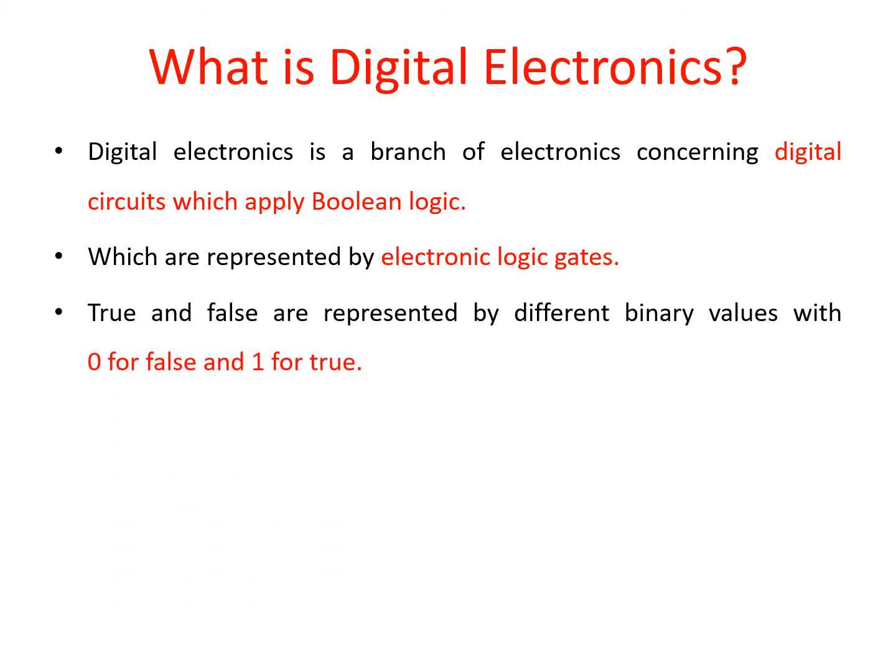Next, the value is represented by only two numbers, 0 and 1. Most probably 0 is false and 1 is true. The next one is digital circuits are less vulnerable to noise because no additional noise is added in this circuit.